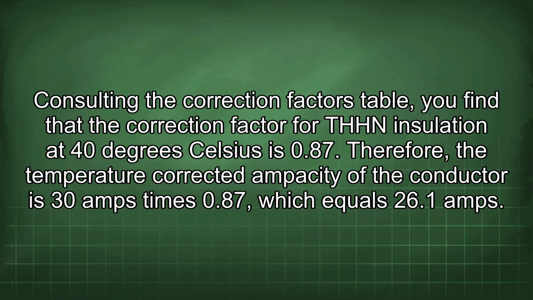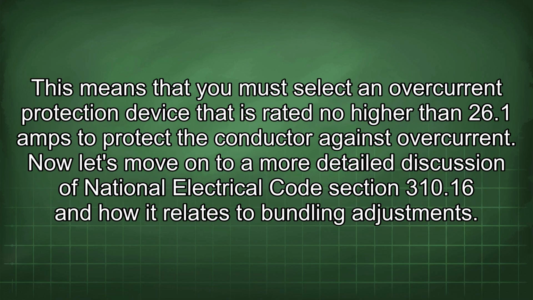Consulting the correction factors table, you find that the correction factor for THHN insulation at 40 degrees Celsius is 0.87. Therefore, the temperature-corrected ampacity of the conductor is 30 amps times 0.87, which equals 26.1 amps. This means that you must select an overcurrent protection device that is rated no higher than 26.1 amps to protect the conductor against overcurrent.